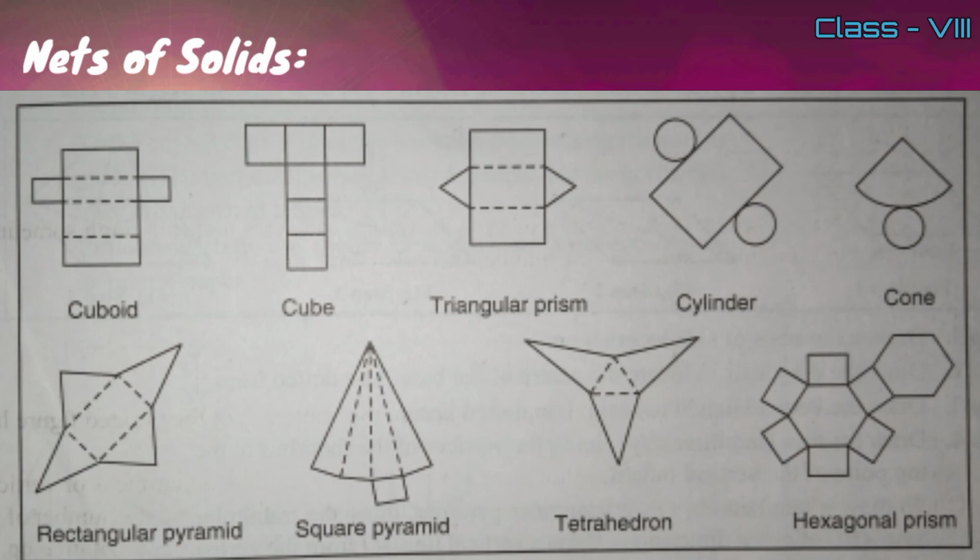So if you observe carefully, we can see the first one, cuboid written. So it is a net of a cuboid. If we fold it in the proper way, then we will get a cuboid, or we can make a cuboid from the first net. And similarly for the second one.